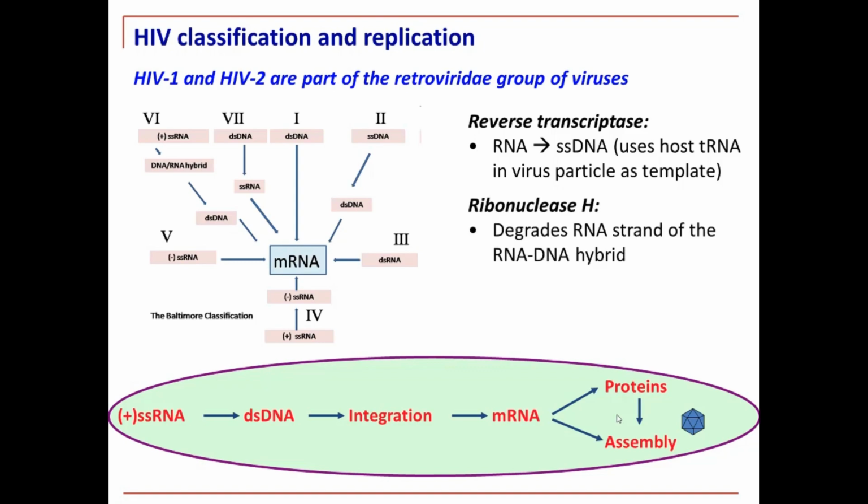And so now you've got an RNA single-stranded DNA template, the duplex bound together. So it has another enzyme, which is a ribonuclease, which degrades the RNA strand of that RNA-DNA hybrid. And then we have DNA polymerase, which allows it to copy that single-stranded DNA that's left to make double-stranded DNA. And it then has an integrase enzyme that allows it to integrate that double-stranded DNA into the host genome.